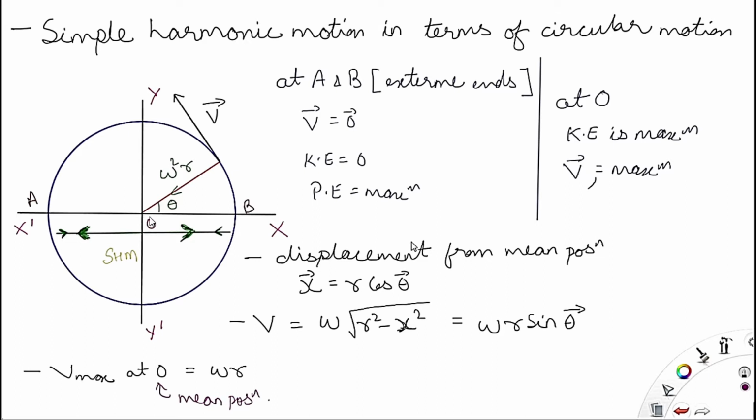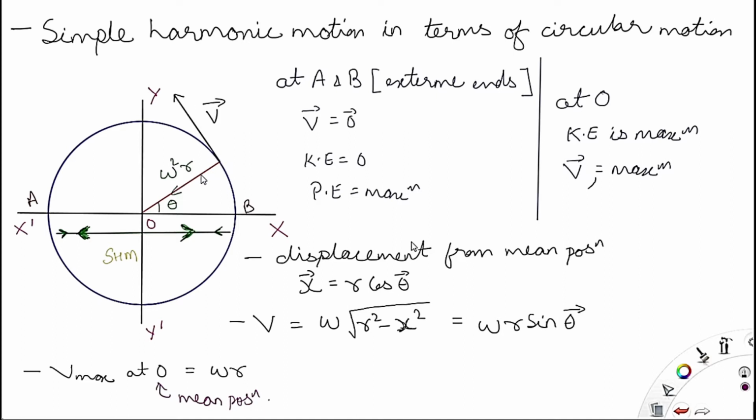And theta is the angular movement happened. At any point, V is the tangential velocity at that point, and this r is perpendicular to this tangential velocity.